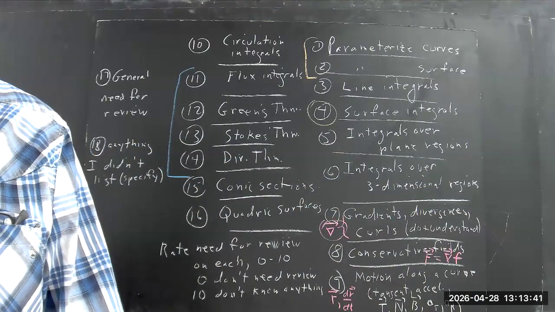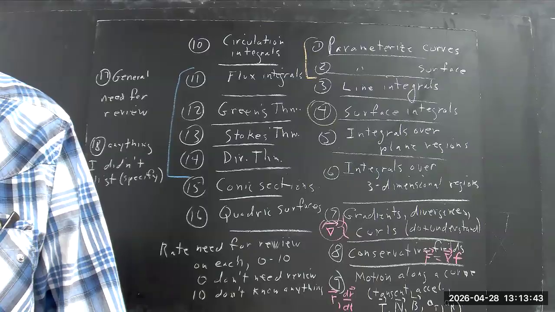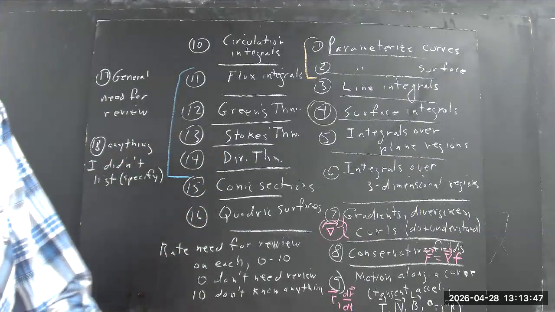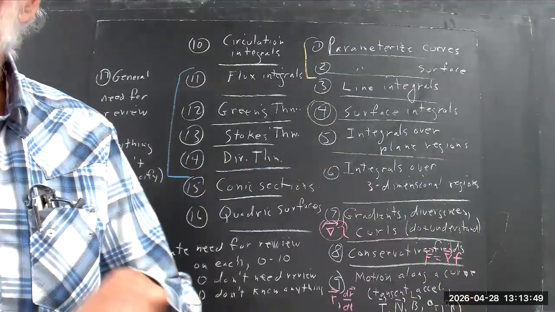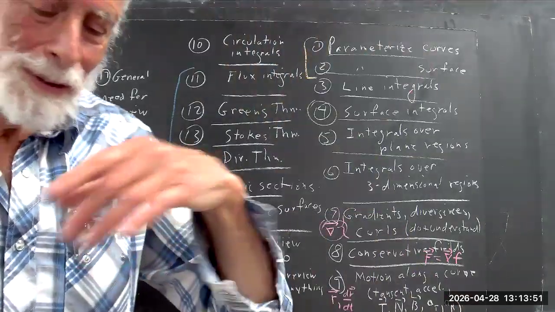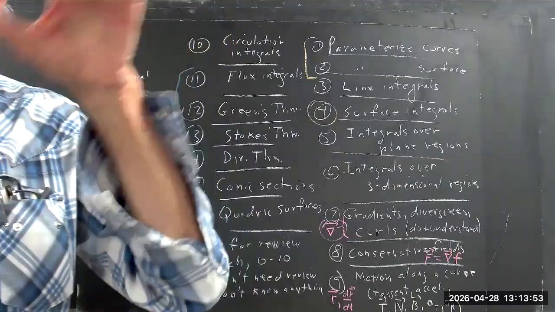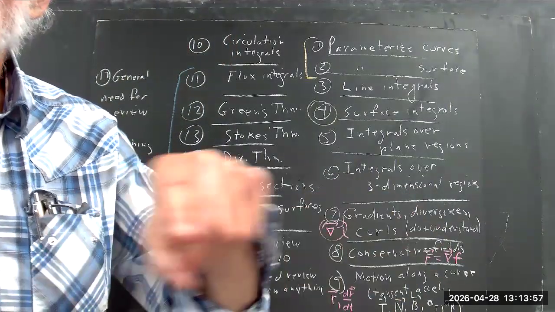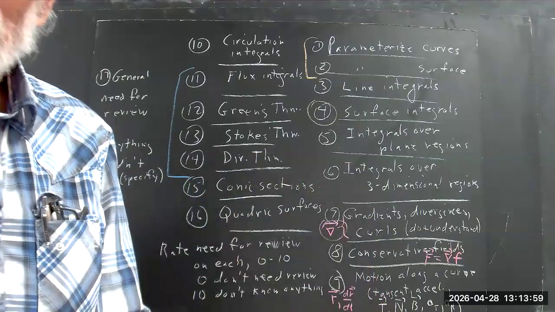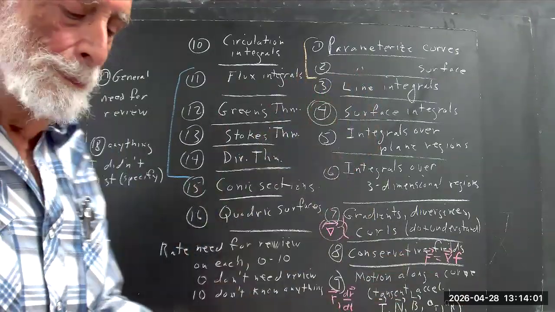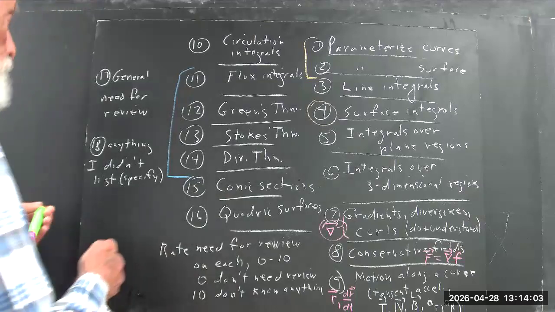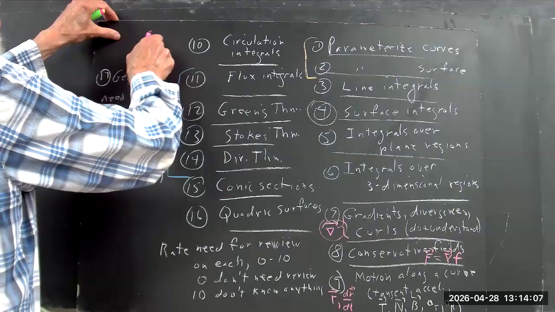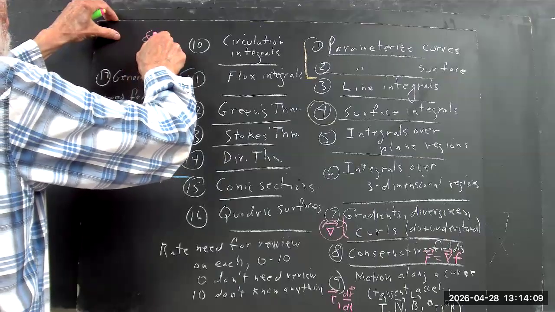You probably wouldn't want to try to integrate that, but you could cut it that way. And Stokes' theorem tells you that the integral of the curl equals the circulation integral, which is the tangential component of whatever your field is. Okay, integrate the tangential component around the curve, and I can write that down as the integral over the curve.